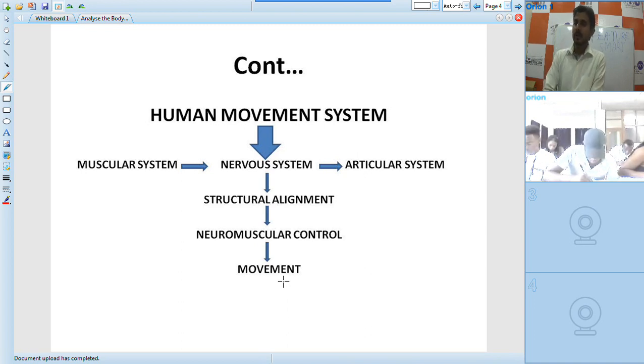All these systems and alignment of the body provide us the human movement system by which our body moves according to the performance or the daily requirements. All these are covered in detail in that chapter, the human body and the structure. We have discussed all these in detail.